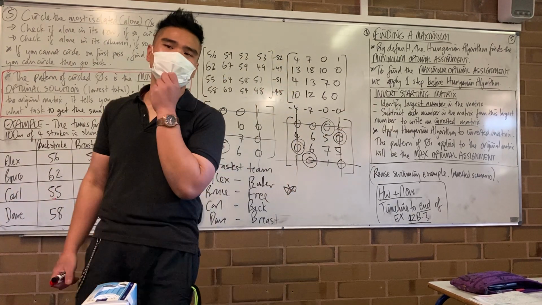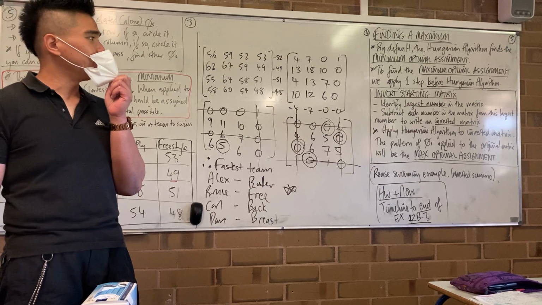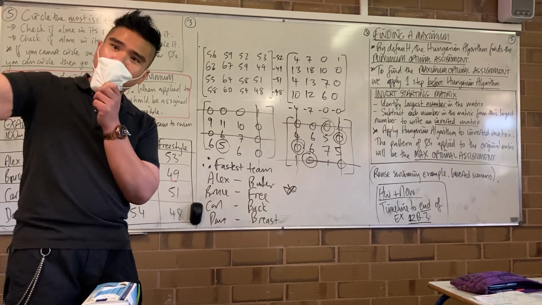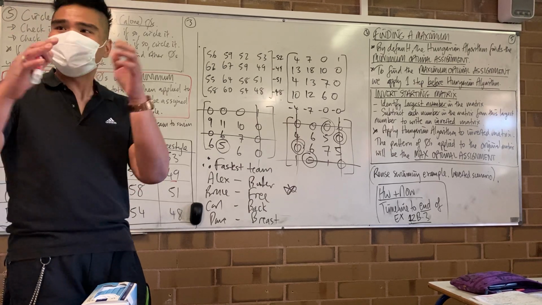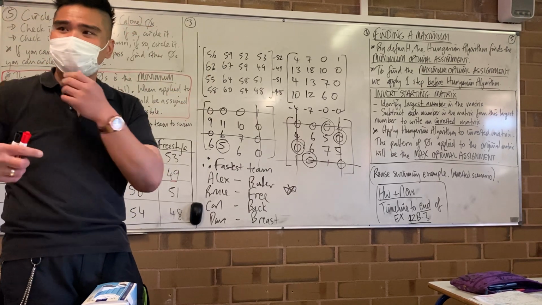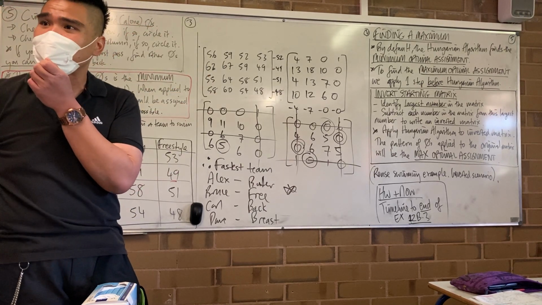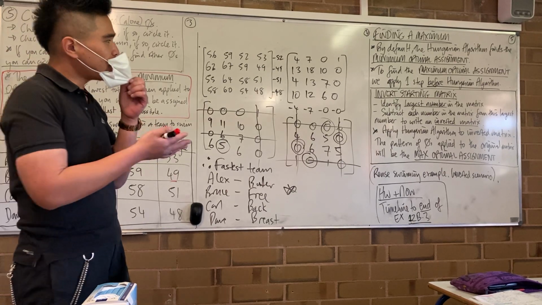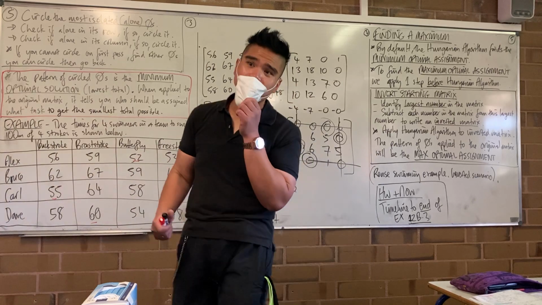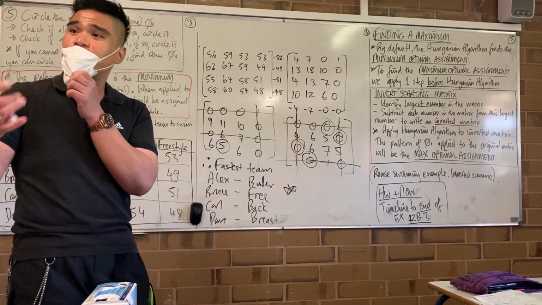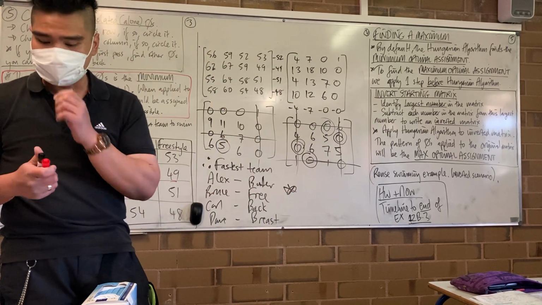So how do I do that? I get the largest number in the matrix. I take away all of the numbers from that largest number and then rewrite that in. When I rewrite the matrix, it's going to be flipped. Okay? Then when I apply the Hungarian algorithm to that flipped inverted matrix, that's going to find me the maximum assignment.